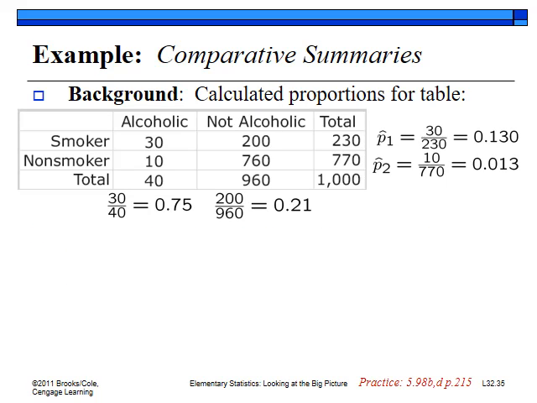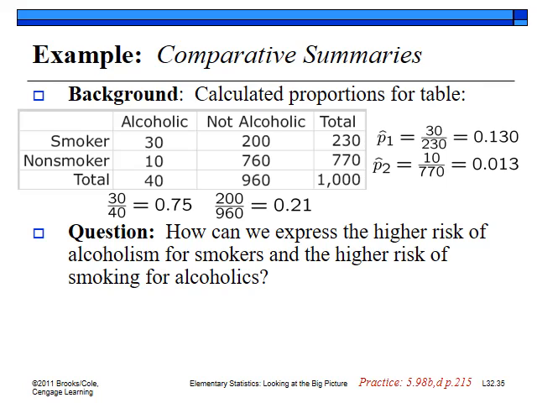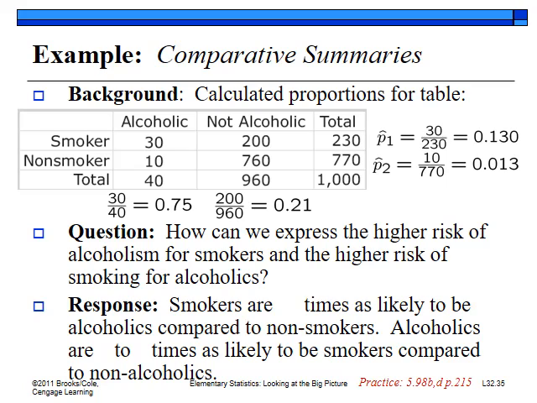So here are the numbers that we computed. How can we express the higher risk of alcoholism for smokers and the higher risk of smoking for alcoholics? Notice that our data seem to indicate both of those. Well, we can talk about how many more times likely one is to fall in one group than another. For example, smokers are about 10 times as likely to be alcoholics compared to non-smokers.